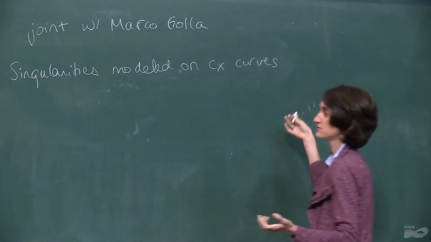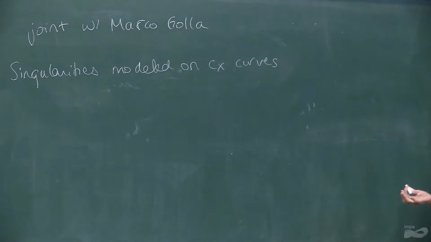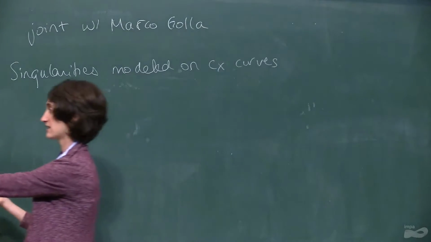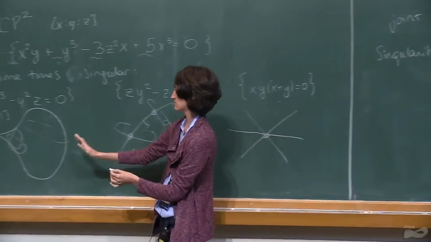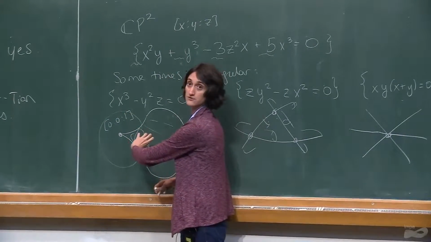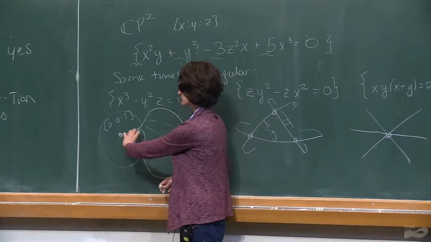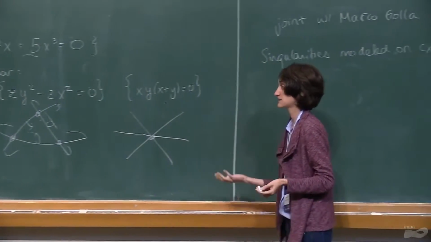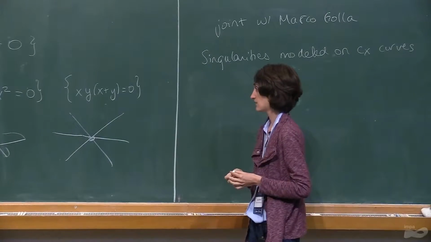In general, you have different options for what these singularities can look like, but the link of the singularity, that means what you see as your knot or link shrinking down to a point as you zoom in towards the singularity, is going to be an algebraic knot or link.